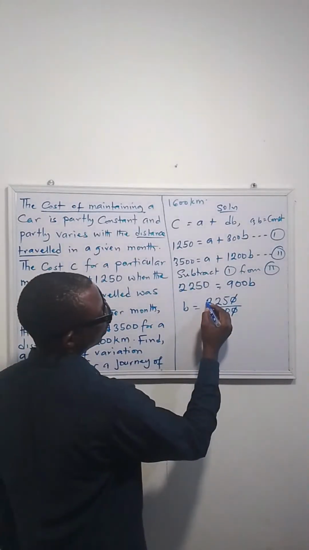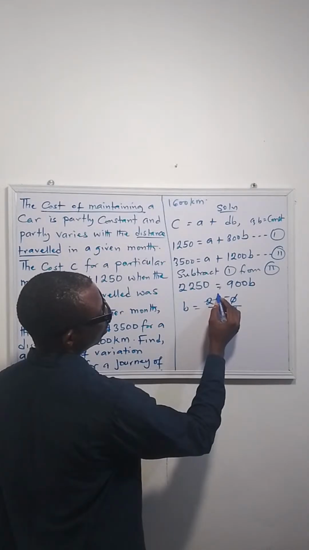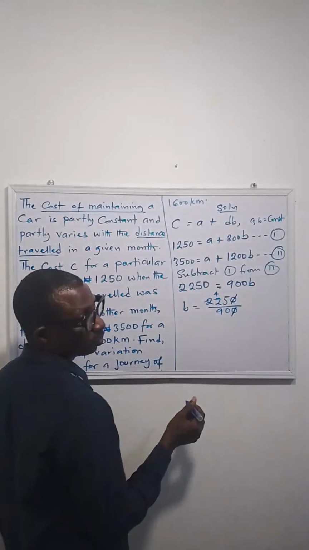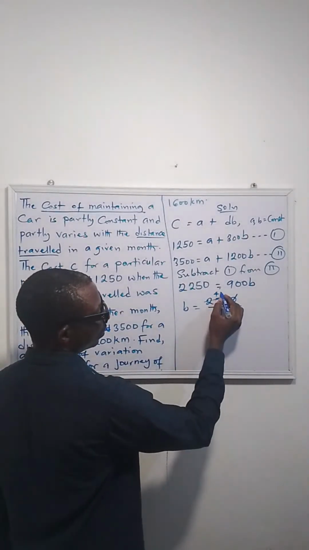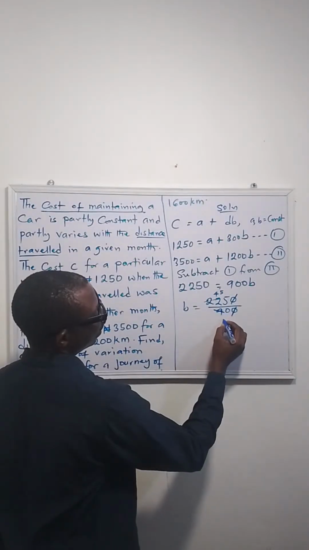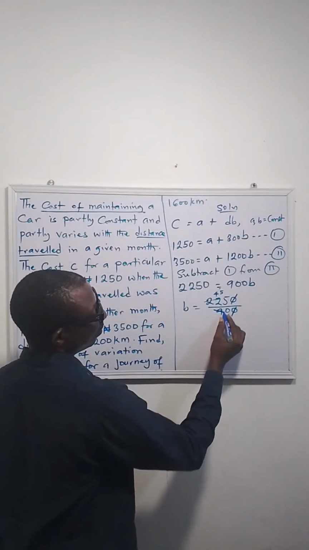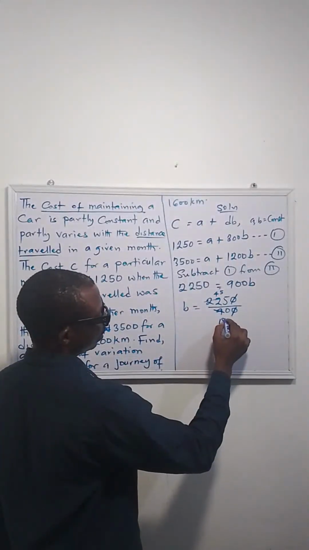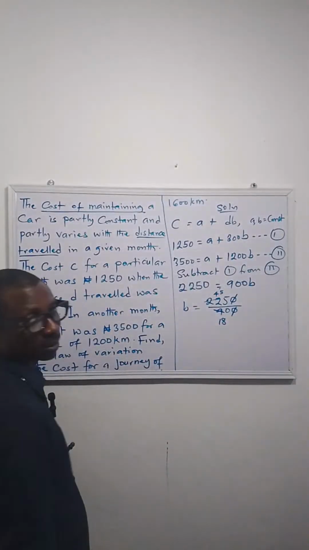Now 5 goes in 22, you have 4, remainder 2. 5 goes in 25 is 5. Now 5 goes in 9 is 1. And 5 goes in 40, that is 8.